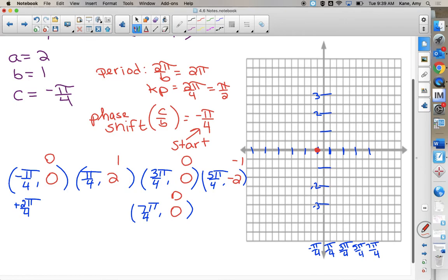And then we're at positive pi over 4 and all the way up at 2. So again, when you connect your points for sine, dash that in, because it's not the end graph. We're using it to help us graph the cosecant. So sine is that hill and valley.